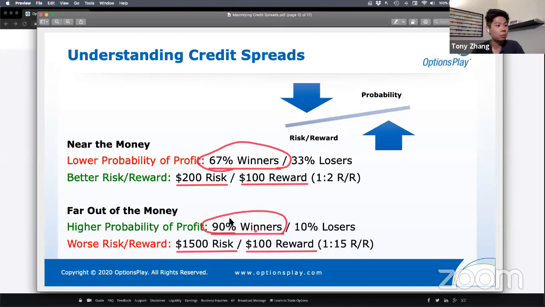At 90% winners, the risk reward ratio many times can be something like 15-1, which means I can win 9 times, win $100 each time, which gives me a $900 profit, which sounds great. And then you have that one loser that loses $1,500, and guess what?